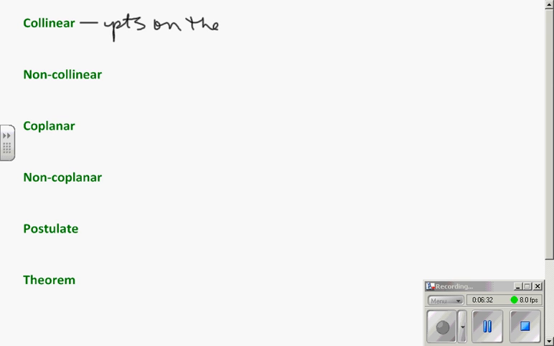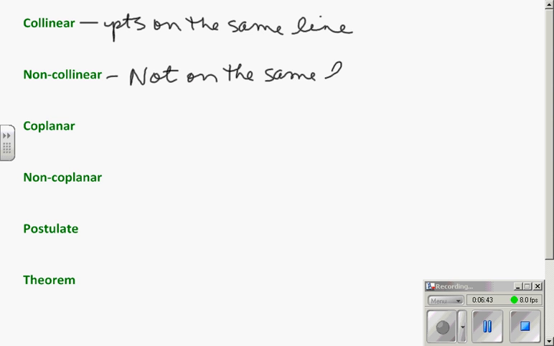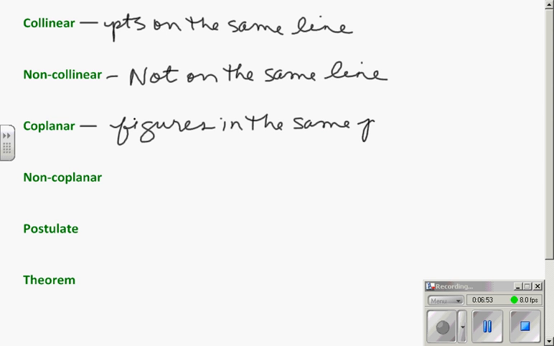Collinear means exactly what it sounds like. It's points on the same line. Non-collinear is not on the same line. Coplanar are figures in the same plane.